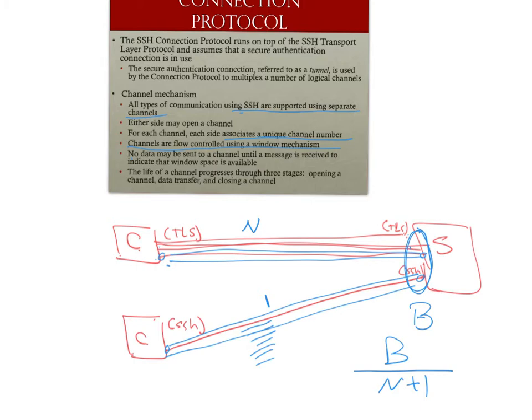TCP maintains fairness throughout all the connections to a particular machine. Okay, what is the implication of this? The implication is that if TLS has all these connections in parallel, in fact, TLS gets more bandwidth than SSH. So this complexity, in fact, comes with an implicit benefit.